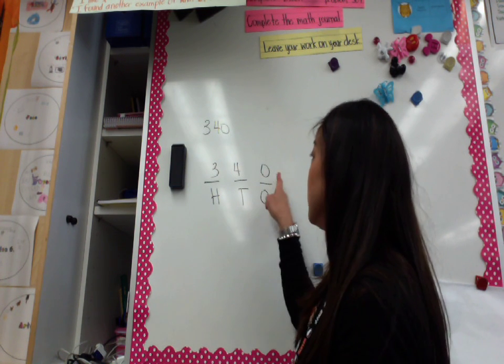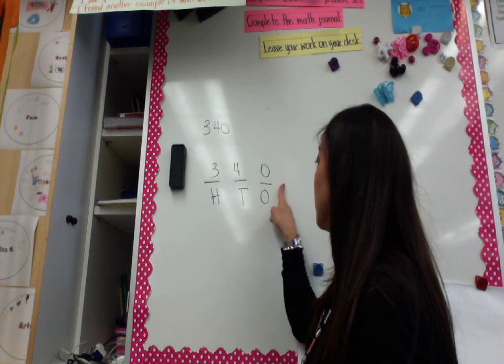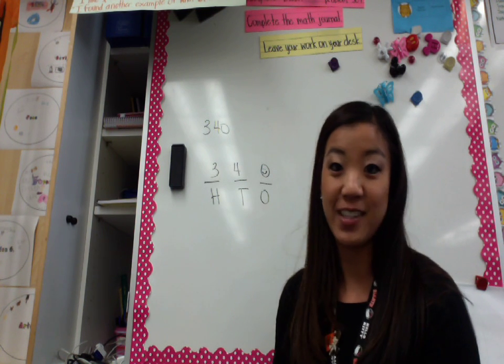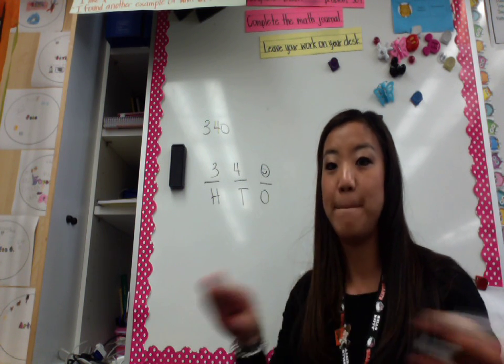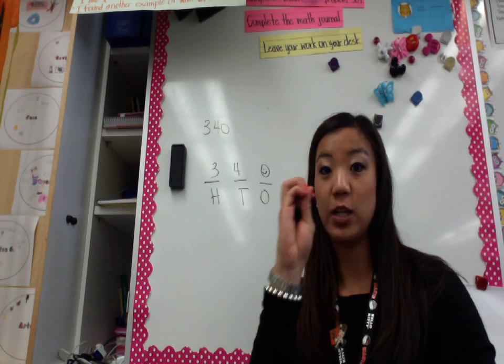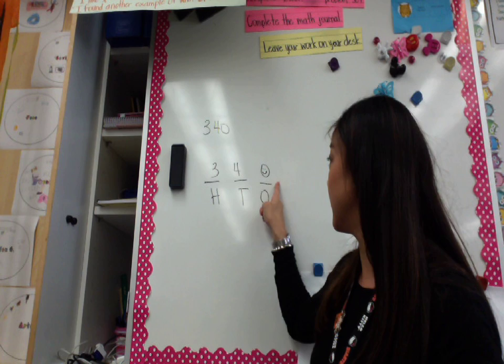Okay? So this is a happy benchmark number because in the ones place, you can draw that smiley face. So a happy benchmark number is a number that has a 0 in the ones place, like this.